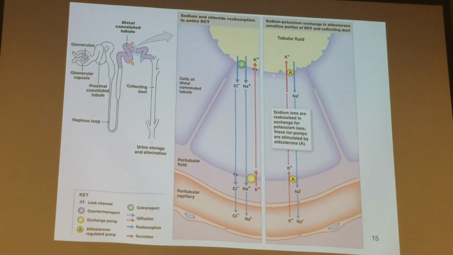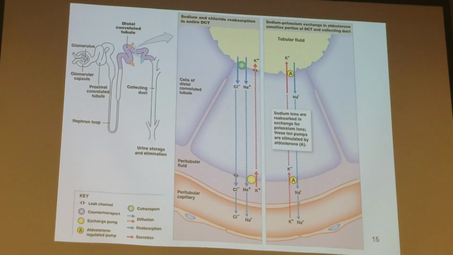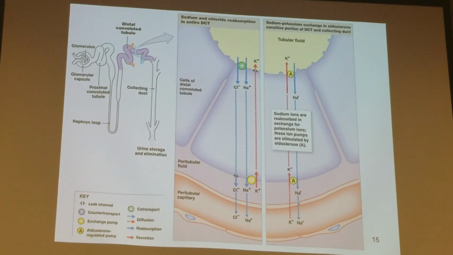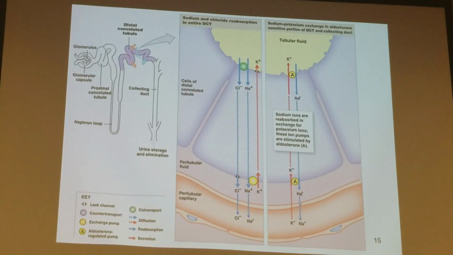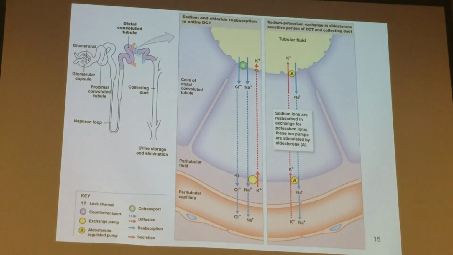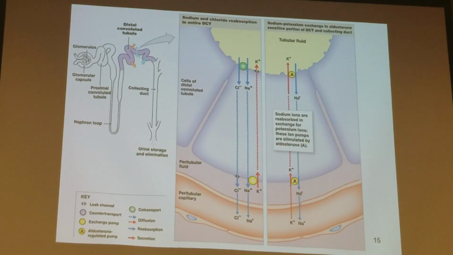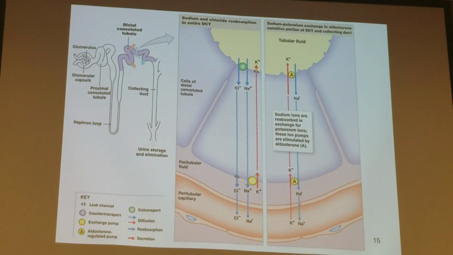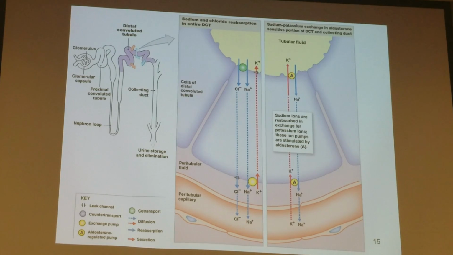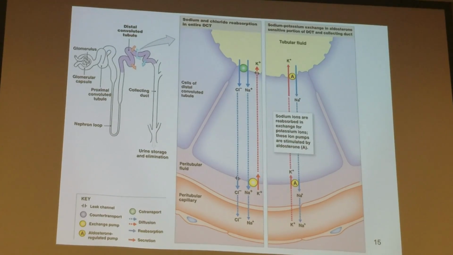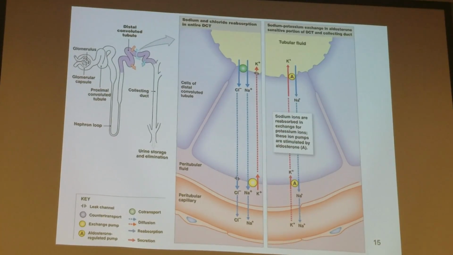What you want to put in there are more sodium leaky channels and more potassium leaky channels. You want more sodium and potassium leak channels in the apical side, and you want more pumps on the basal side. And the more aldosterone, the more of those you put in. And the more of those you have, the more you can reabsorb sodium. That will end up in your blood.